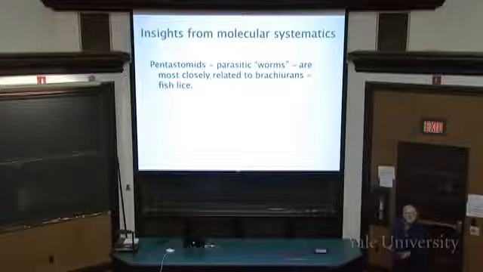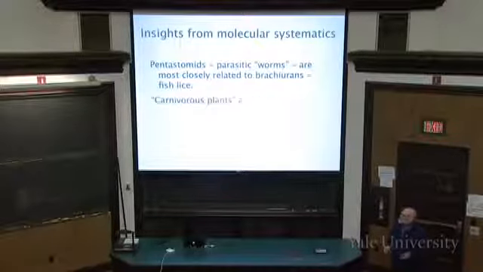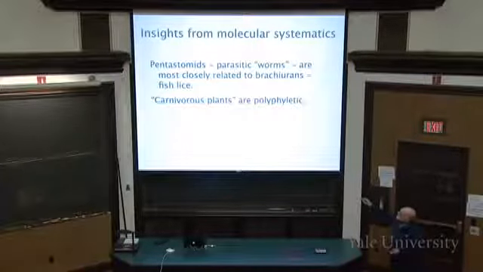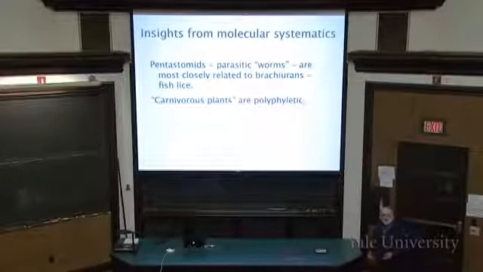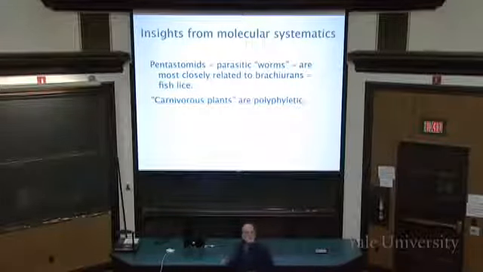Pentastomids were a mysterious group of creatures, and they turn out to be closely related to fish lice. I'll show you a pentastomid in a minute. There used to be a group called carnivorous plants, the pitcher plants and the sundews, and people thought that the pitcher plants and the sundews were related.